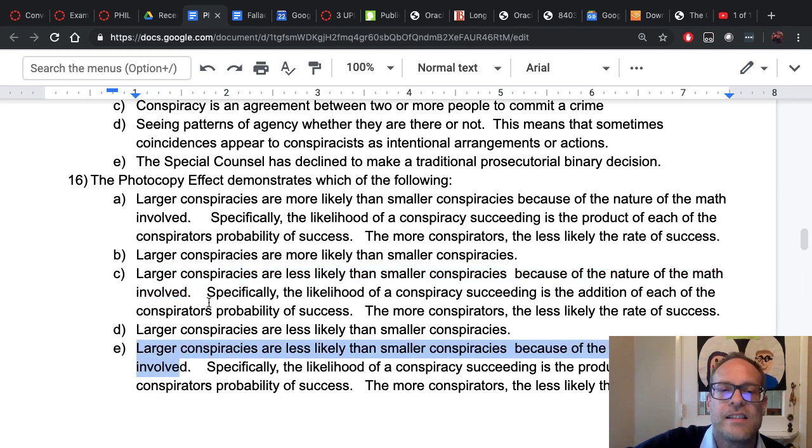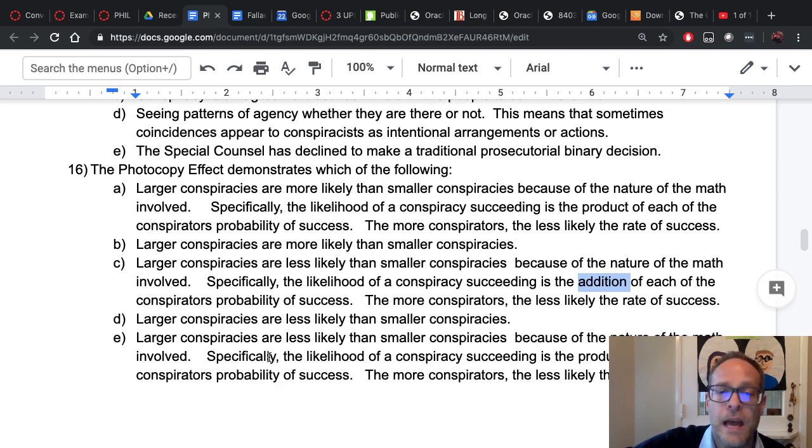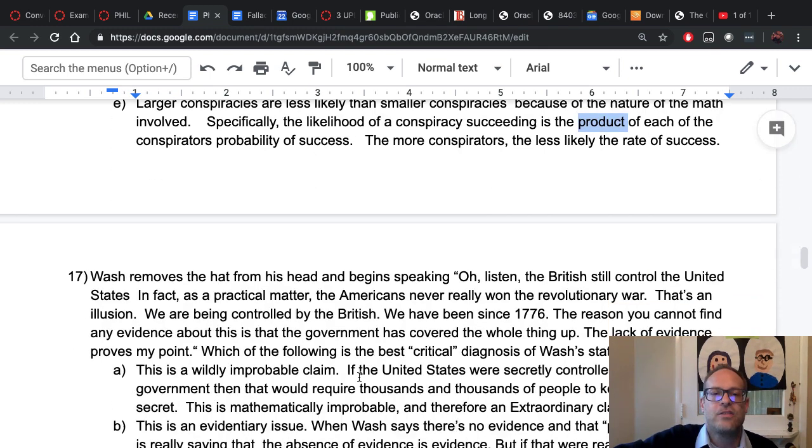Now let's look at C. Specifically, the likelihood of a conspiracy succeeding is the addition of each of the conspirators' probability of success. Here in E we have specifically the likelihood of a conspiracy succeeding is the product of each of the conspirators' probability of success. That's more correct. Remember the photocopy effect: it's 97% times 97% times 97%, not addition, product, multiplication. So E is the better answer.